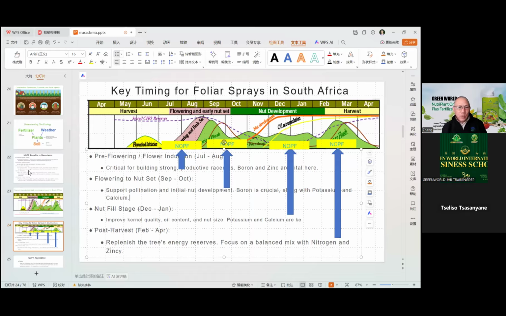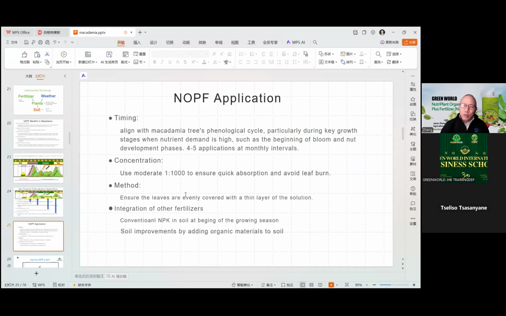You can use a 1 to 1,000 ratio. It's moderate. It's not too much. If it's too high, you lose it. And you also have the potential for leaf burn if you spray other stuff.